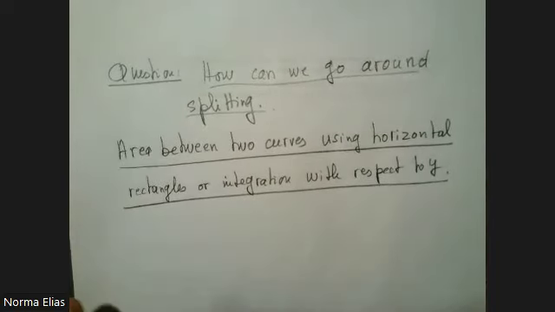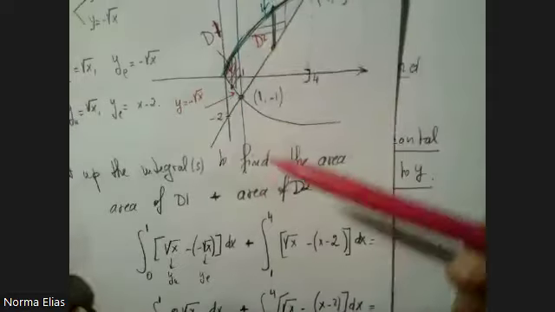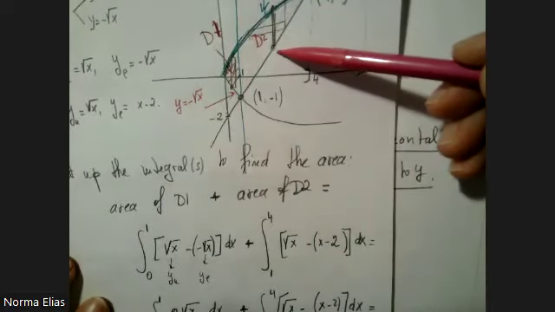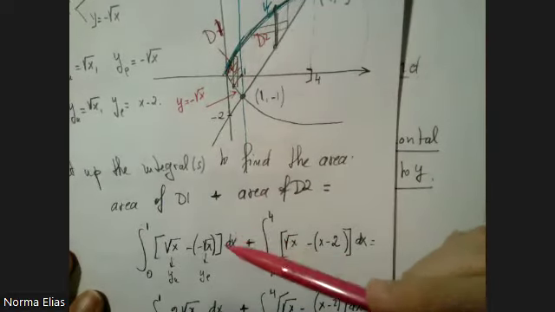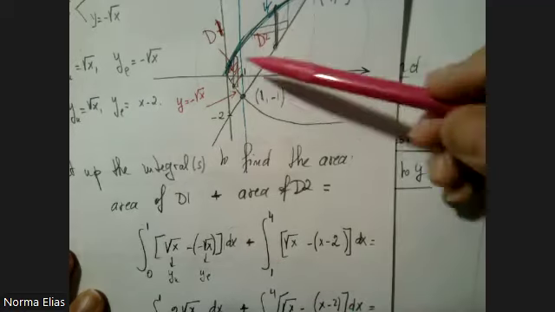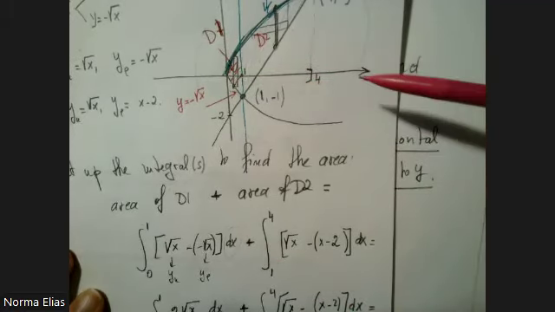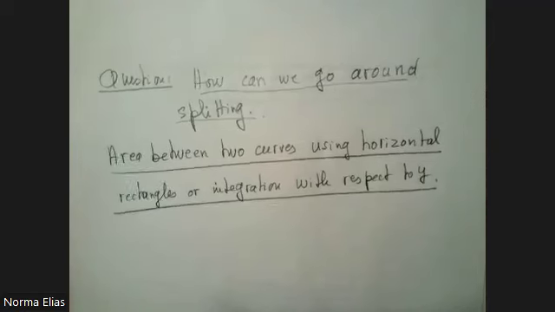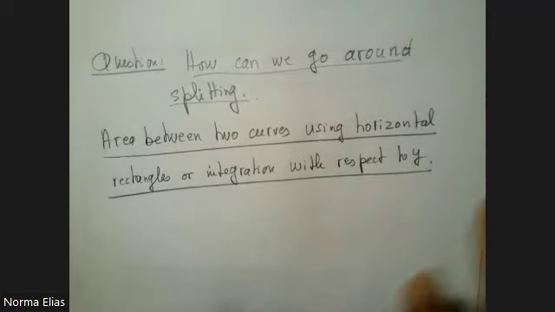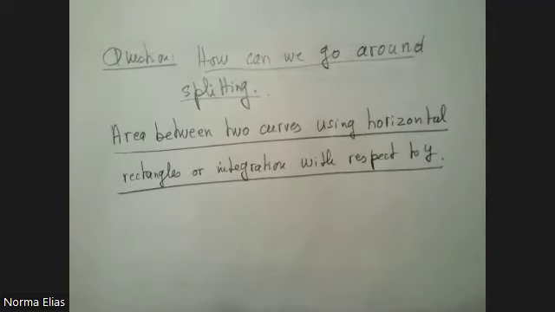The way we did it before, we took vertical rectangles and we integrated with respect to x, because the variable here is x. Now we are going to learn how to do the same problem, but integrate with respect to y. So before I do that, I need two notes.